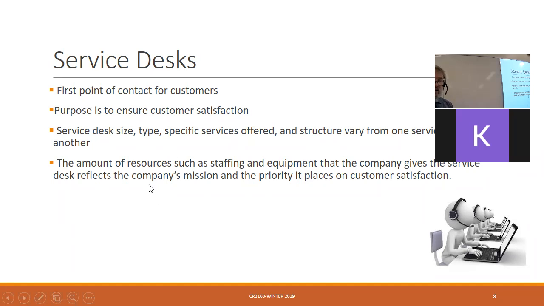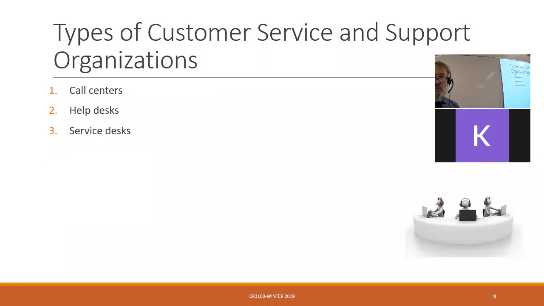So as it says there, there can be many different types of service desk, and the money that we put towards them and the way that we develop the service desk does reflect the priorities of the business.